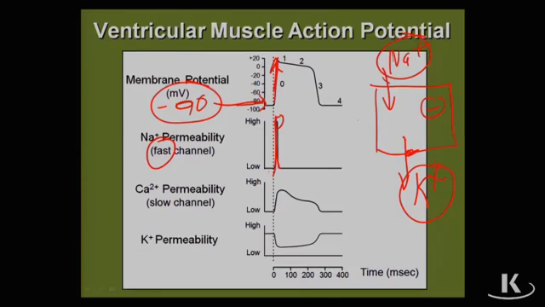And when it stops, that's why the action potential takes a little dip down, because the fast sodium channels stopped putting sodium in the cell. Well, why doesn't it stay constant then?